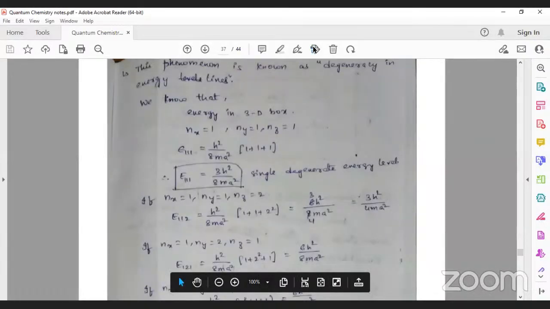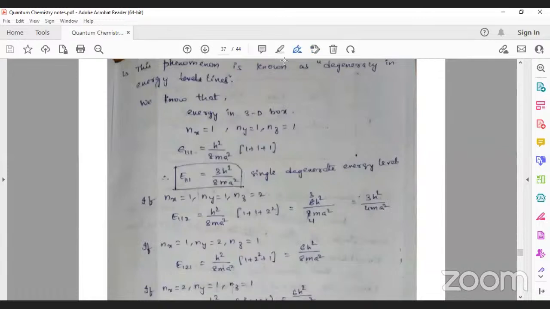See, the phenomenon of showing equal energies may be called the degeneracy of the energy levels, right? We know the energy in a three-dimensional box; that is the equation we have to write first.